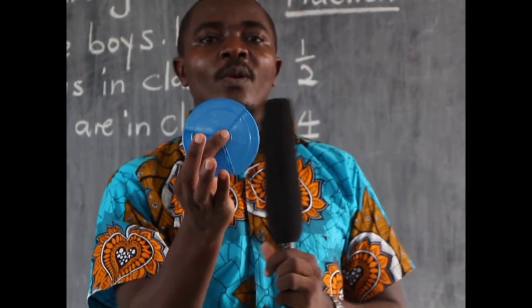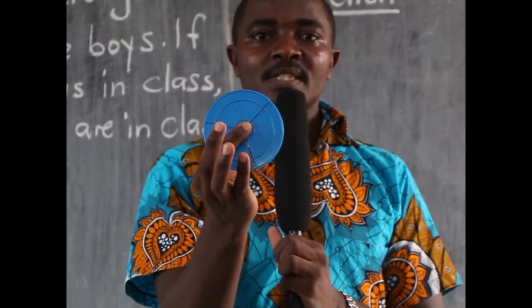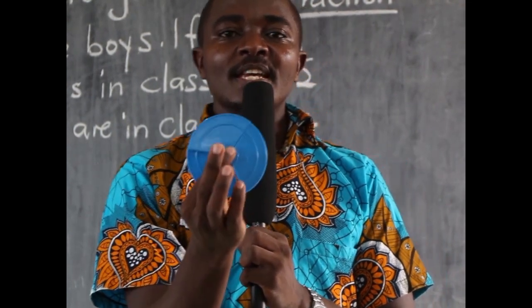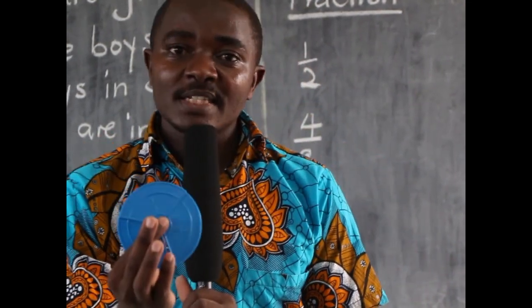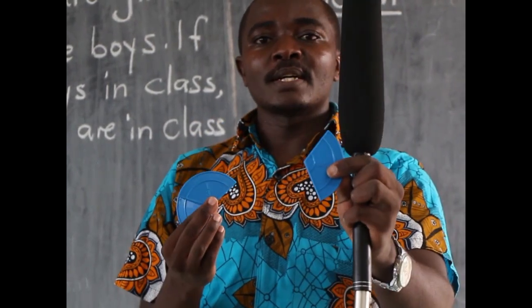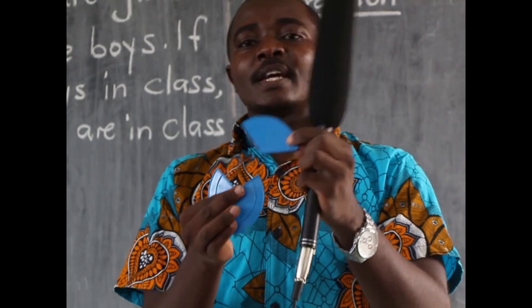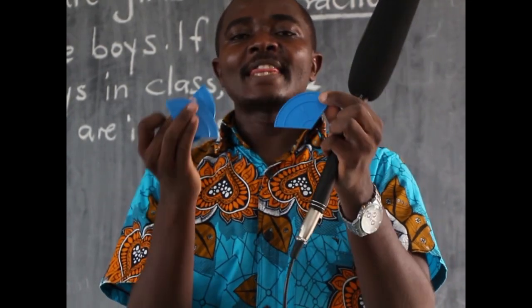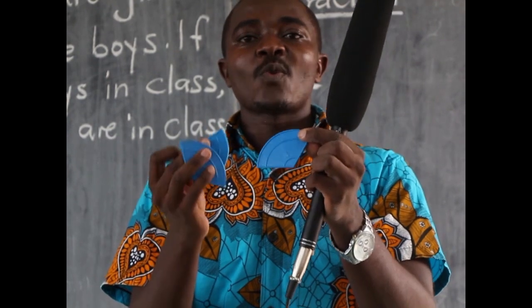This is my whole. This is a whole. And this whole can be divided into 3 equal parts. For example, this is one part. This is the second part, and this is the third part. So there are 3 parts from this one whole.